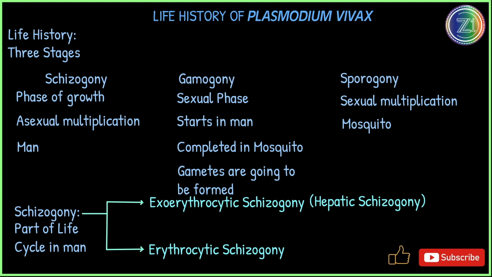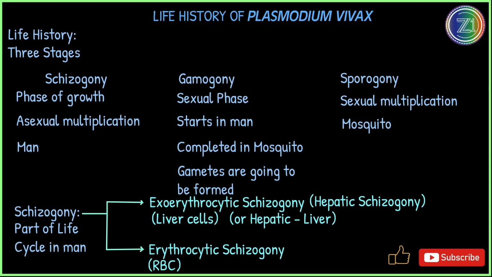The exerythrocytic schizogony takes place in the liver cells. Hepatic means liver cells, so this takes place in the liver. Erythrocytic, from the name itself, takes place in the RBCs. So these are the two phases under schizogony.